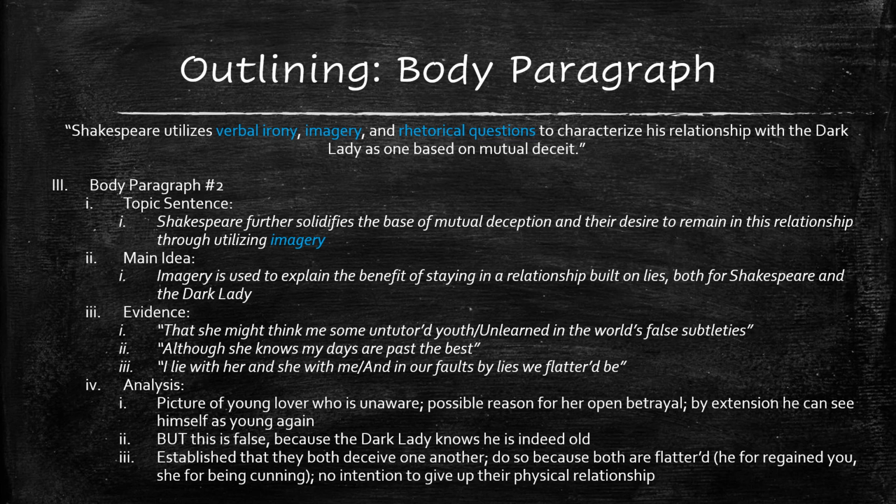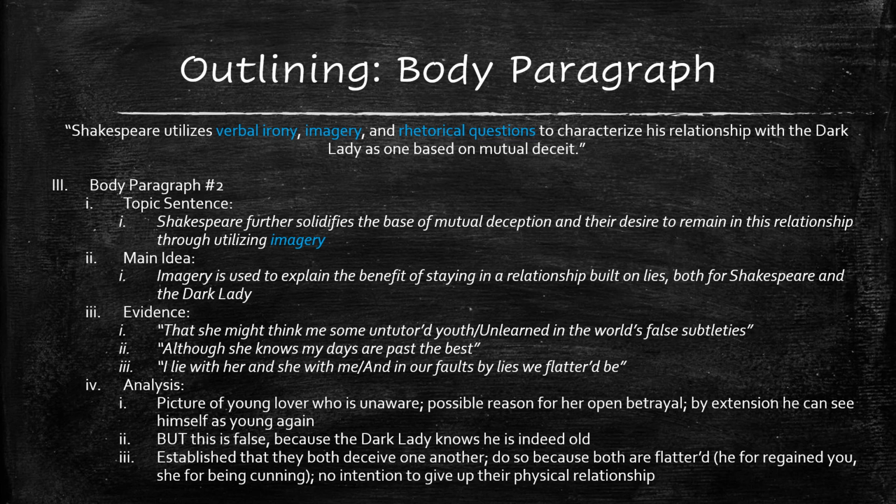But also by extension, we see his reasoning, right? She lies to me and she does so openly, so brazenly because she thinks me young. He then takes that to say, well, I then can see myself as this young man again. But in the very next verse, we understand that this is false, right? Jumping back to evidence number 2: "Although she knows my days are past the best." So his entire reasoning that she is so open, so brazen, because she thinks him young, he discredits in the very next verse.